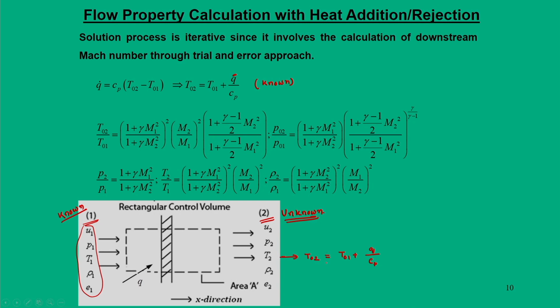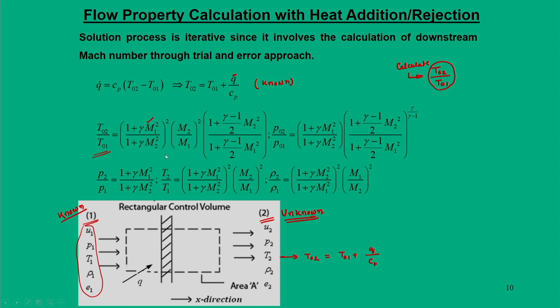So, the process would be that. The next step is that you calculate T naught 2 by T naught 1. For this ratio we are now in a position to use these equations of T naught 2 by T naught 1, where this ratio is a known parameter, and we have one known parameter M 1.